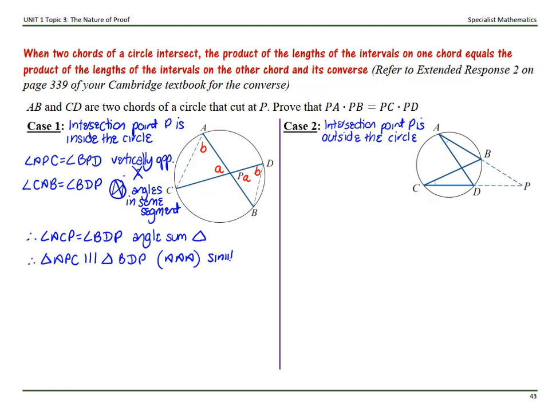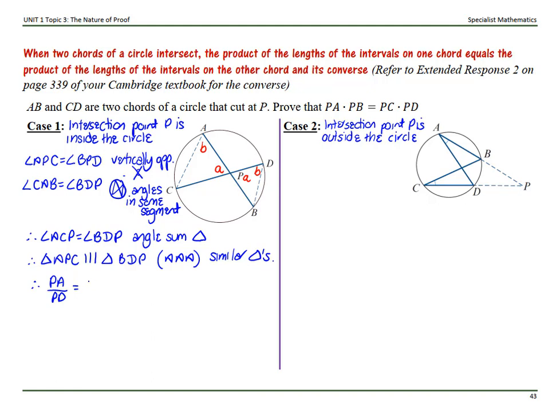Okay, so we're looking at similar triangles. If you don't remember that, go back and review it. I've provided a video on similar triangles. Now, because we do have similar triangles, the ratios of the sides are in the same proportion.